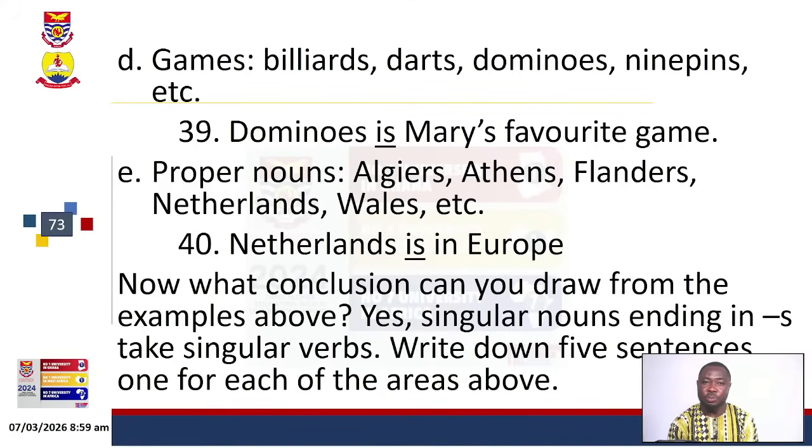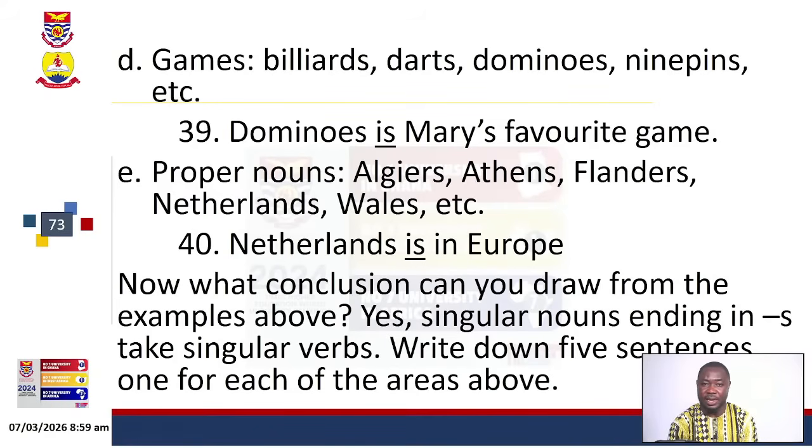Now, you have also proper nouns like Algiers, Athens, Flanders, Netherlands, Wales. Okay, they are singular entities, but they are written in plural forms. Netherlands is in Europe. Now, what conclusion can you draw from the examples above? You can say, for instance, that singular nouns ending in s take singular verbs.